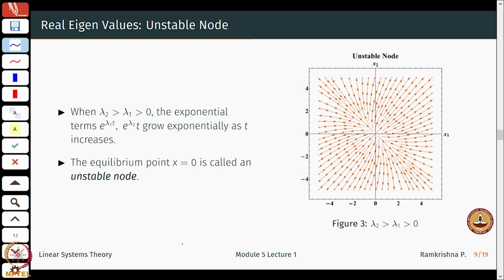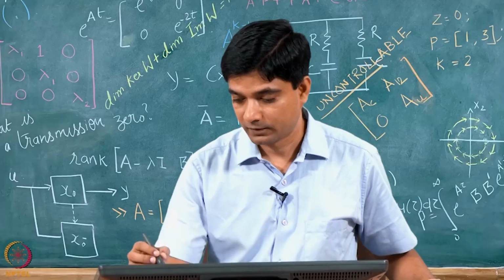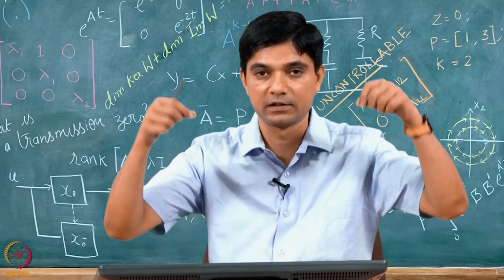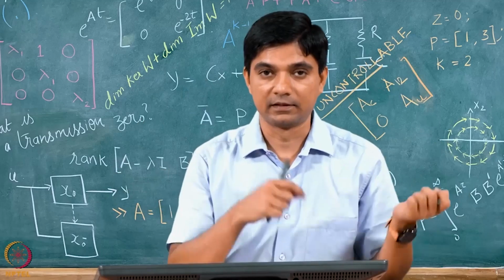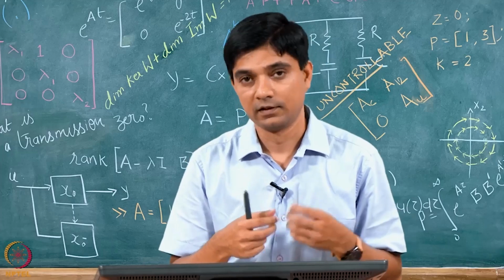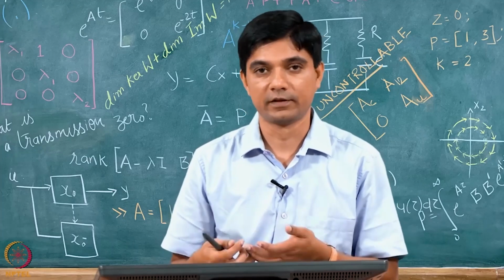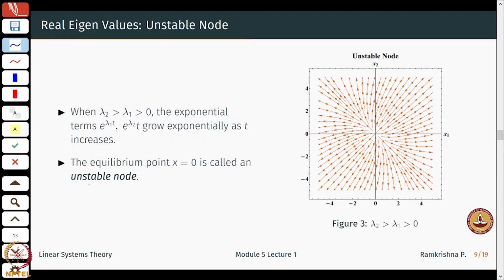If I were to plot it in the z1 z2 plane, it will be the same except the arrows being reversed. All trajectories starting near the origin will tend to go away from the origin, whereas in the stable node case, all trajectories starting around the origin will tend to come back to the origin. If your initial condition is the origin, you will always be at the origin. In this case, the equilibrium point is called an unstable node, for eigenvalues which are greater than 0.